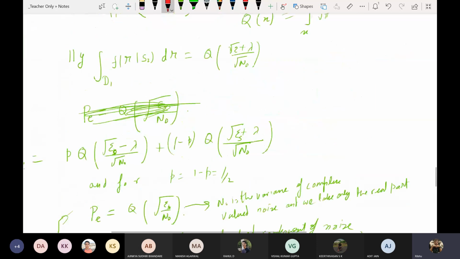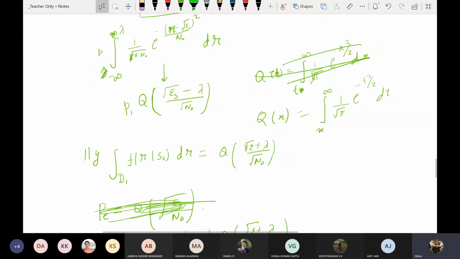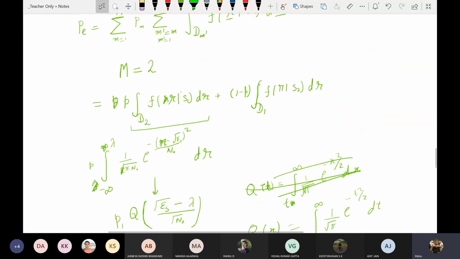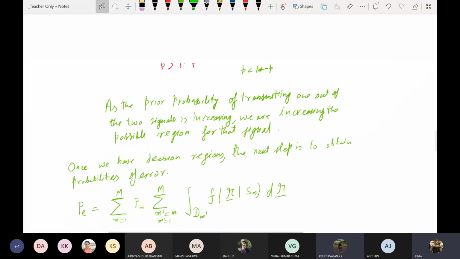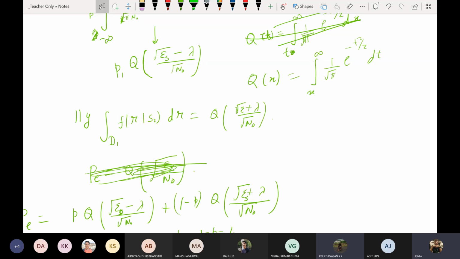You can go back here and do all this jugglery. Sir, can we say that if A and B are not equal, the lambda we got before will be shifted by A plus B by 2? Yes, you can say that it will be shifted by A plus B by 2, just an offset of A plus B by 2 in the additional formula.